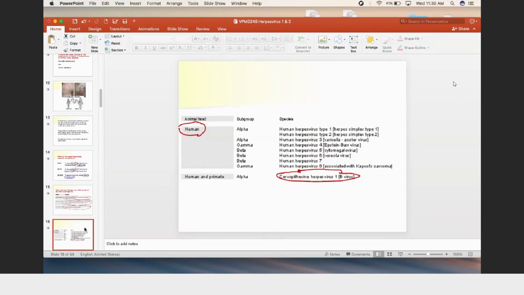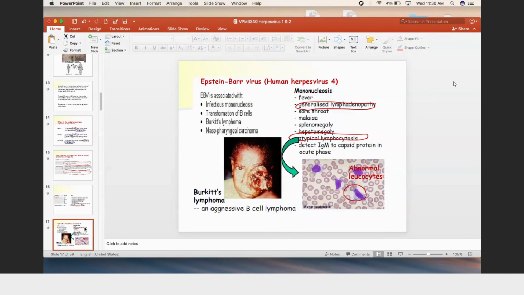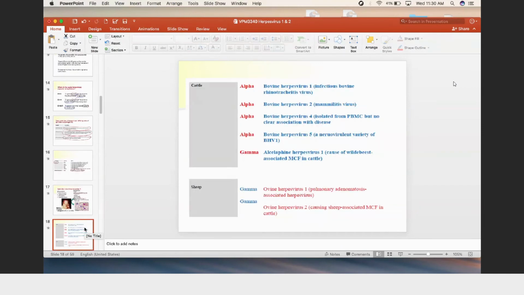I'm not going to go through this. This is human. You can see in cattle we have bovine herpes virus 1. This is interesting: in almost every species you have herpes virus. From mammals, avians, even fish have herpes virus. And in the nomenclature, they always have herpes virus 1, 2, 3.